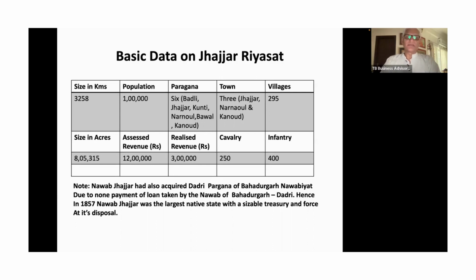In terms of acreage, it had 8 lakh and 5,000 acres. Assessed revenue was 12 lakh rupees. However, realized revenue was 1/4 of that, that is 3 lakh.